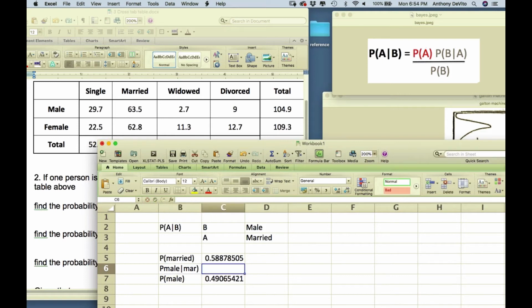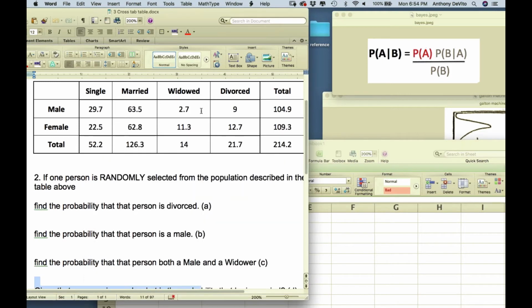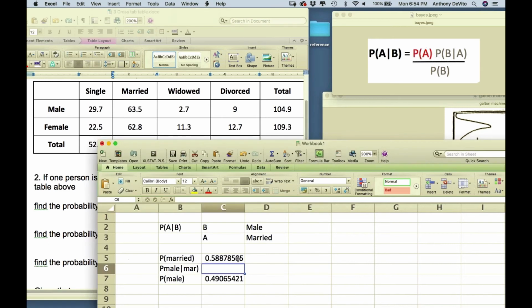Let's see, I have to go back here. Given that he's married, what's the probability that he's male? That's 62.5 over 126. You guys think I'm doing this okay so far? Okay, so let's figure this out now.